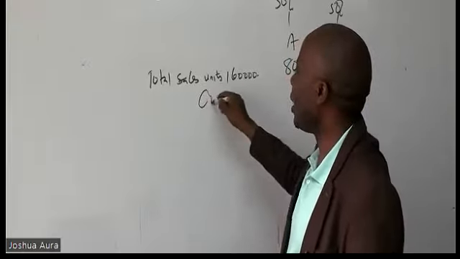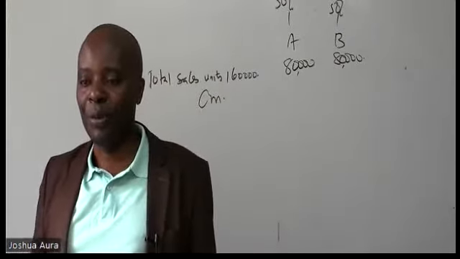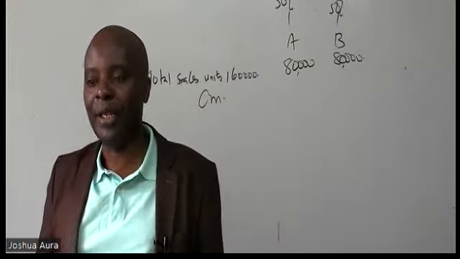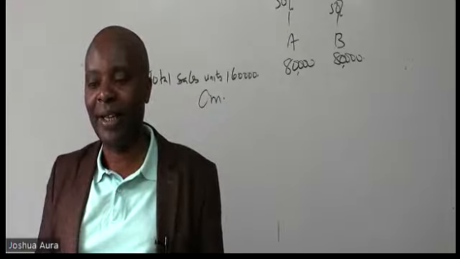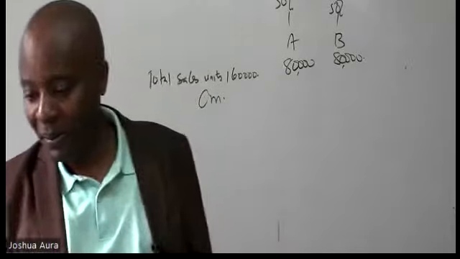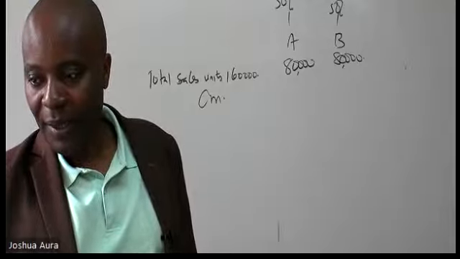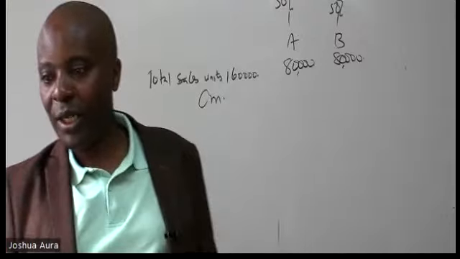So could you kindly give me the contribution margin? Are you able to remember the contribution margin for A? The contribution margin here was 1 and for B was 7, isn't it?